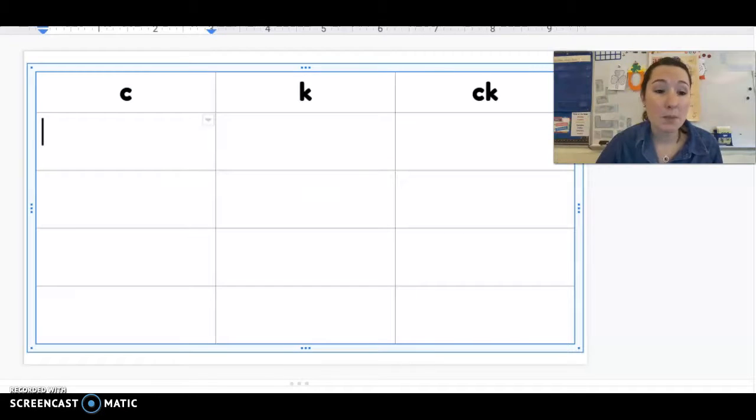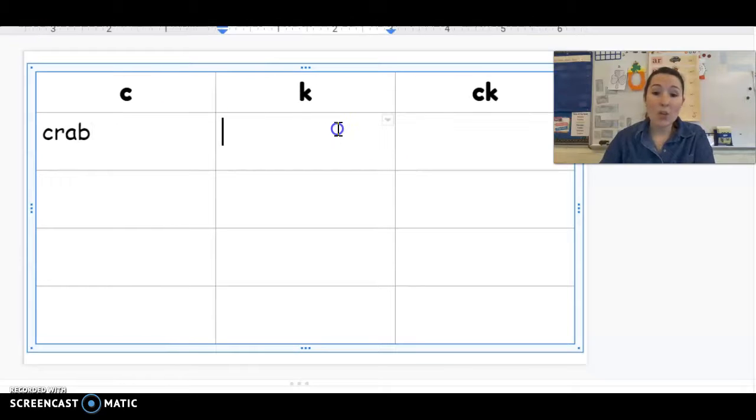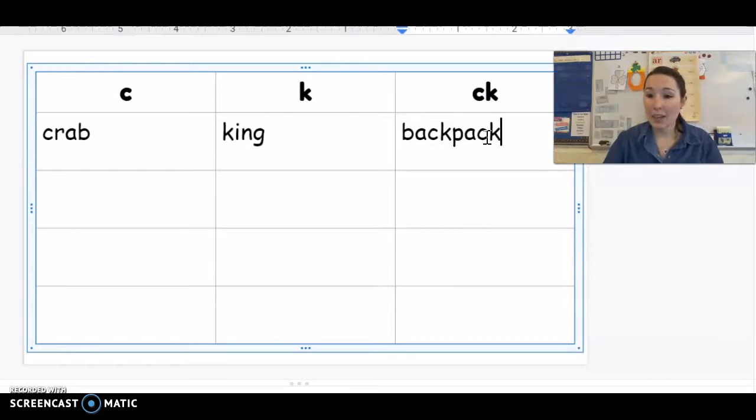Maybe you practice spelling some of the words we sorted. So I'm A-okay if you want to go and pick some of the C words we sorted. So maybe you want to tap out crab, K-r-ab, and you could write that word there. Or you want to do the word king, K-ing, or our CK word was backpack, backpack.